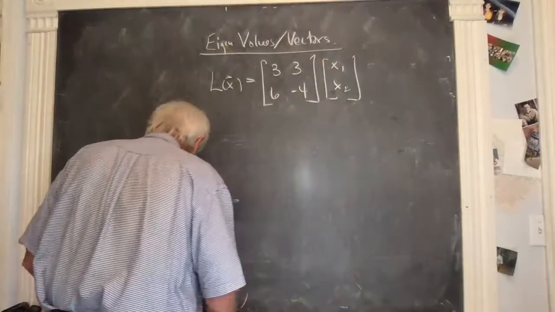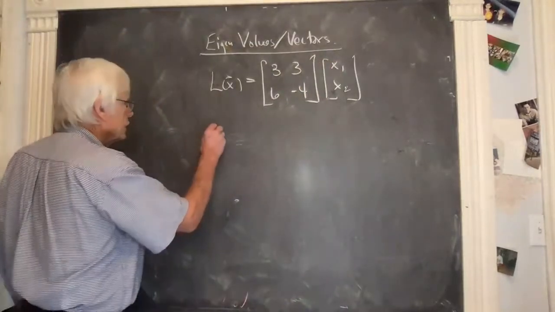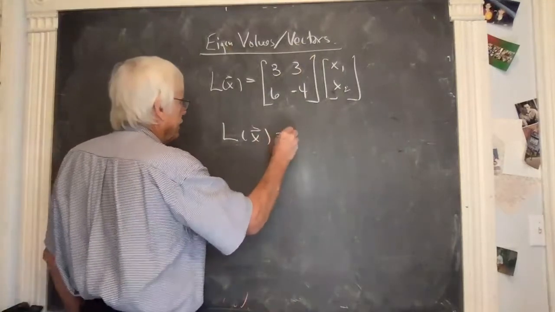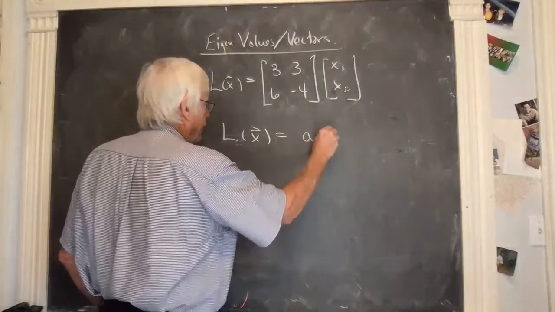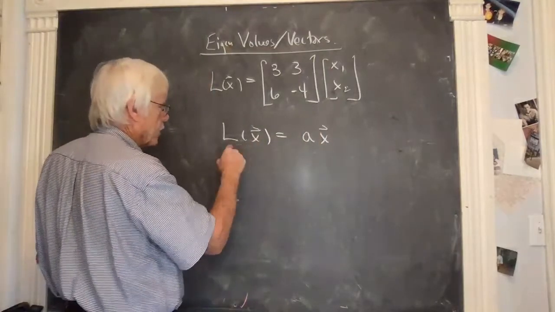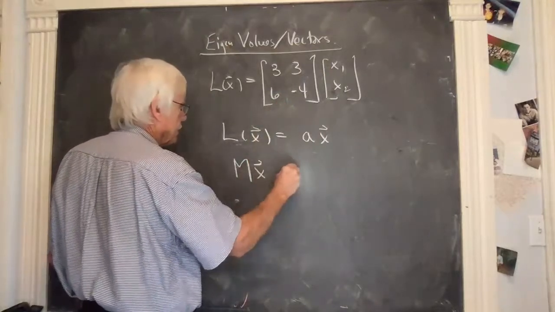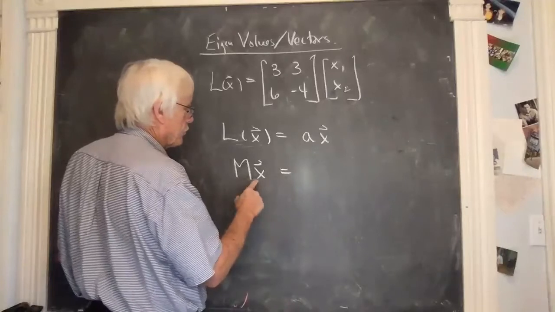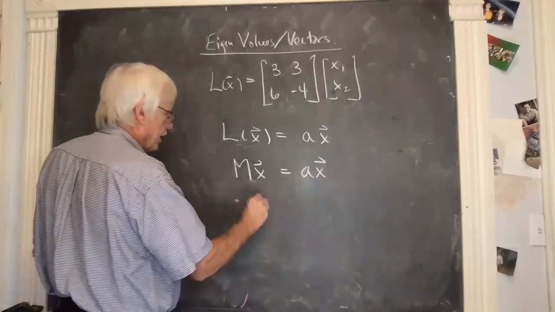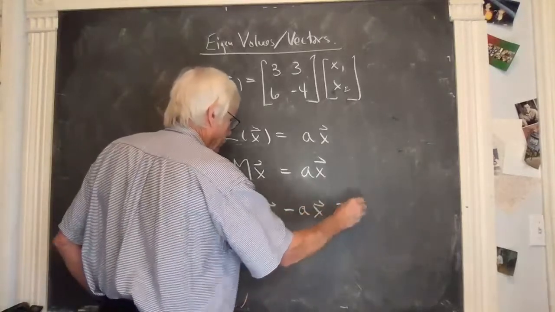The way this works is you actually solve for the eigenvalues first. So we want to solve L of X equals A times X. I'm going to bring the A times X to the other side and write this as M, the matrix M, times X. It's a linear transformation, so there is such a matrix. So M times X minus A times X equals the 0 vector.